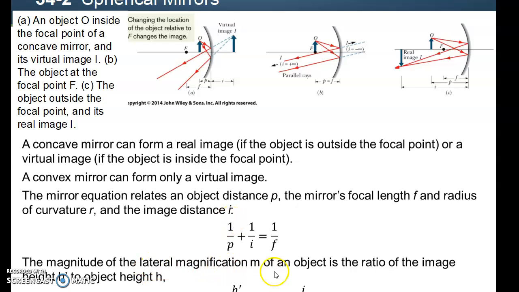The magnitude of the lateral magnification m is the ratio of the image height to the object height. Magnification is h prime over h, right? m is also equal to minus i over p. Okay? The radius of curvature, by the way, is involved in forming this focal length here.